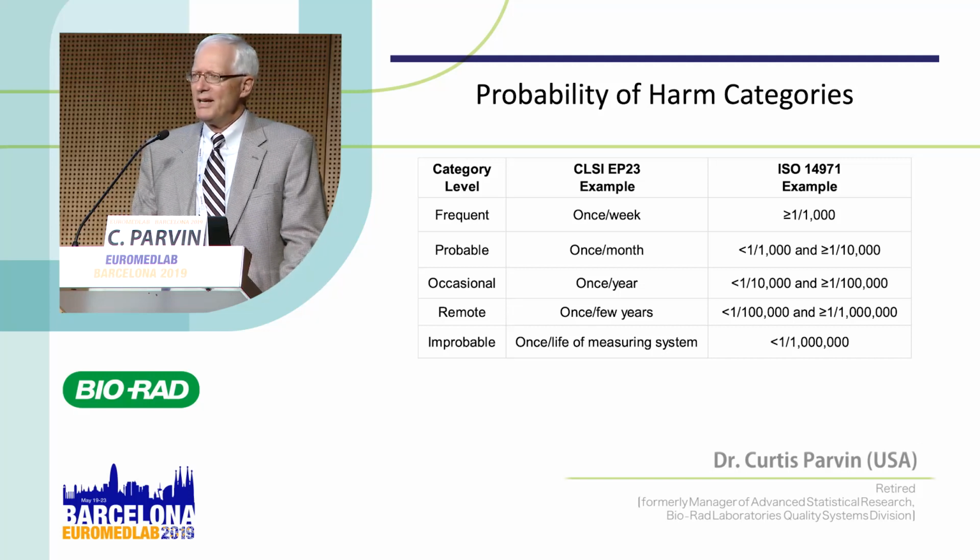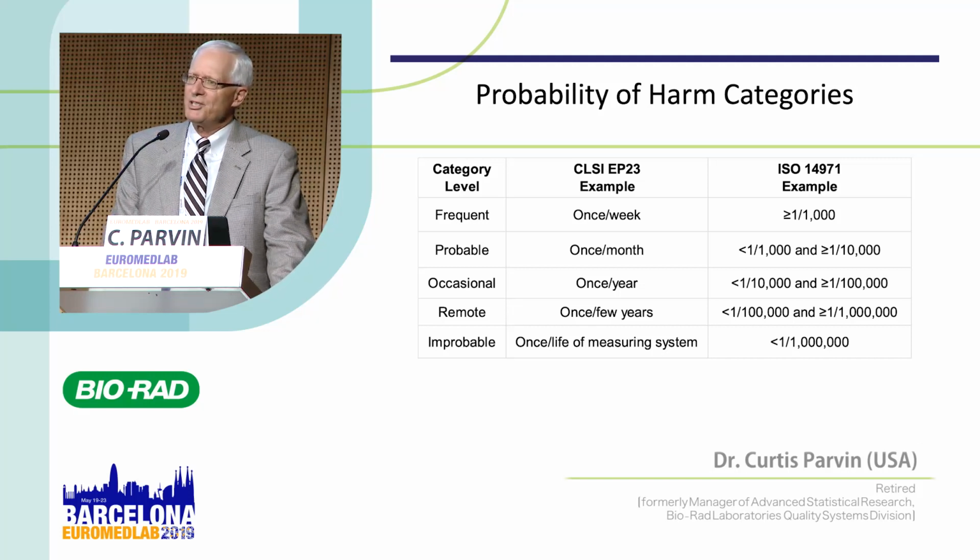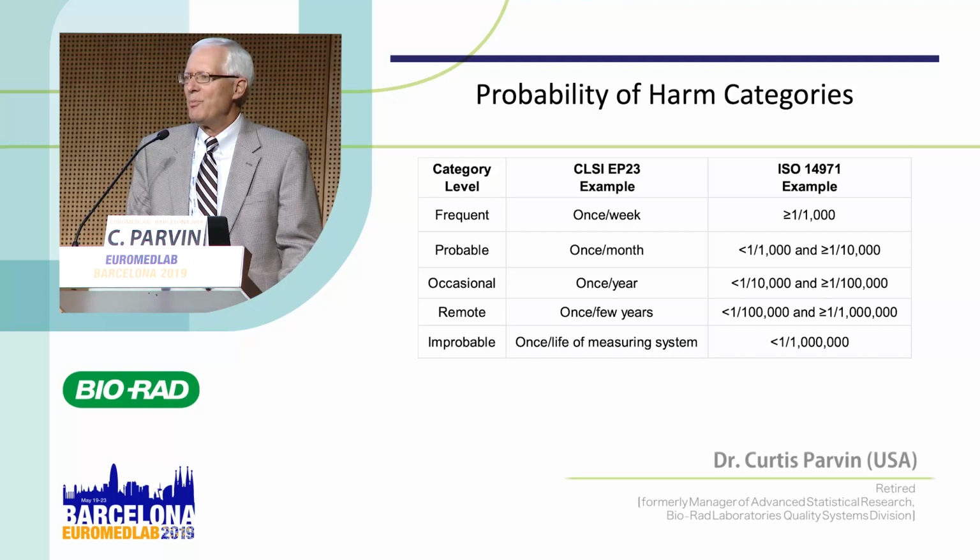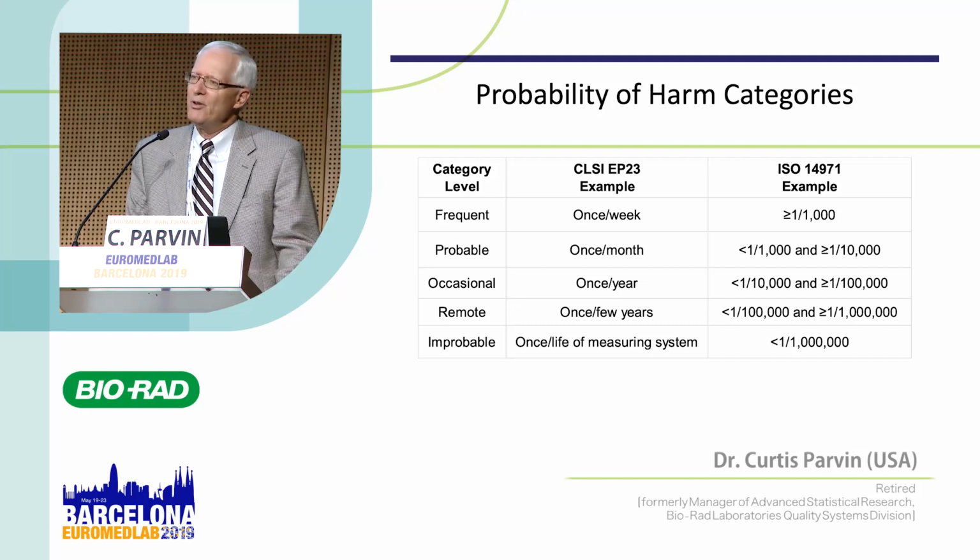Alternatively, ISO 14971 gives these rates in terms of harmed patients per number of reported patient results, so a proportion of reported patient results. So frequent means greater than 1 harmed patient for every 1,000 reported patient results. Improbable means less than 1 harmed patient for every 1 million reported results.